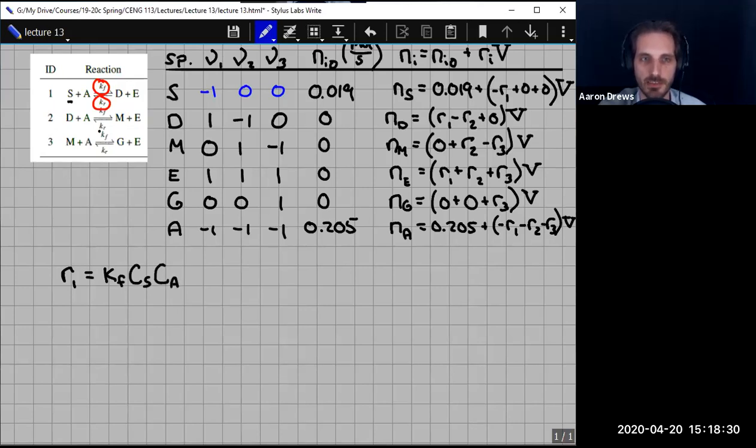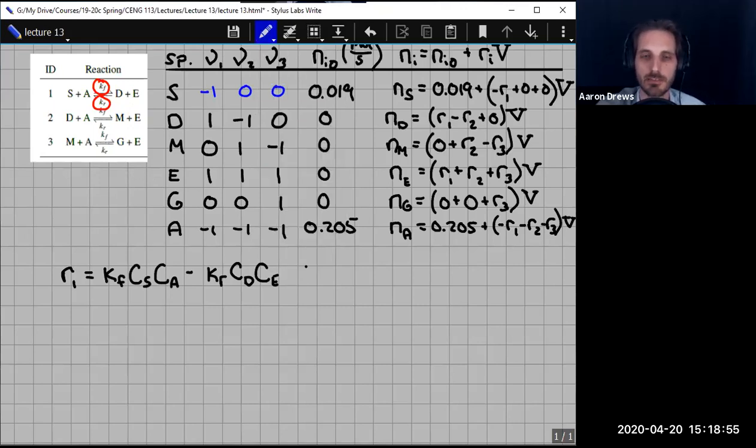Because we've got an S as a reactant and an A as a reactant, and their stoichiometric coefficients are 1 and 1. So it's just that. And then the reverse reaction is minus K sub R times C sub D, C sub E. Because on the reverse reaction, it's a D and an E with a stoichiometric coefficient of 1 and 1, but it's going in the opposite direction.